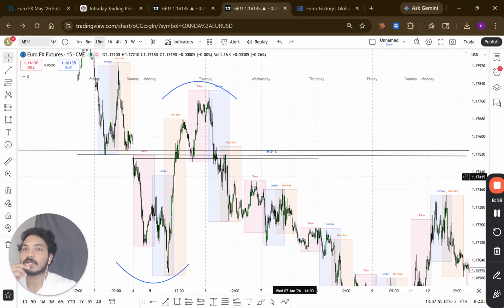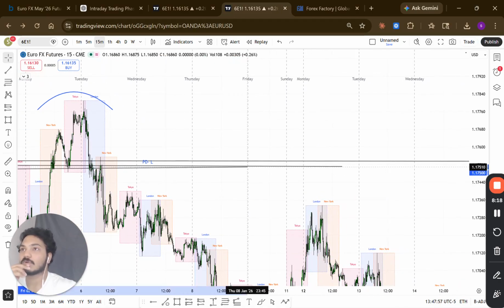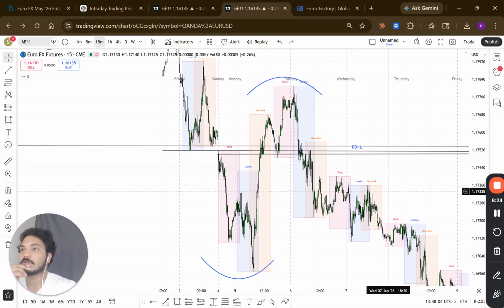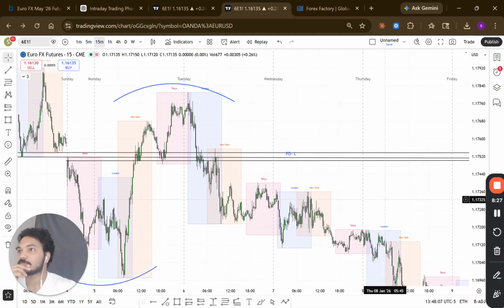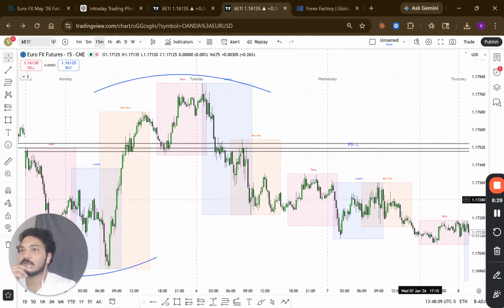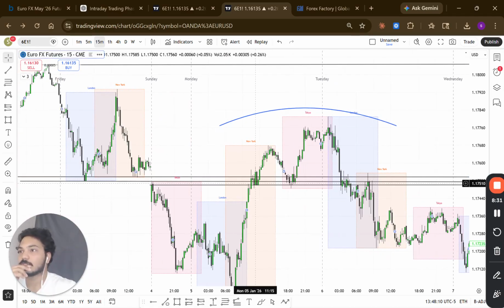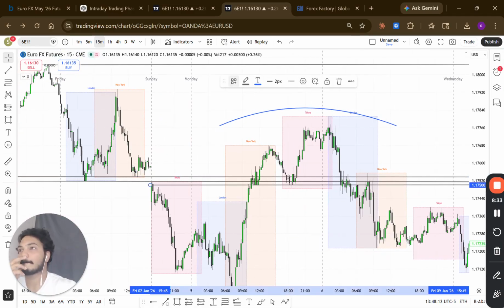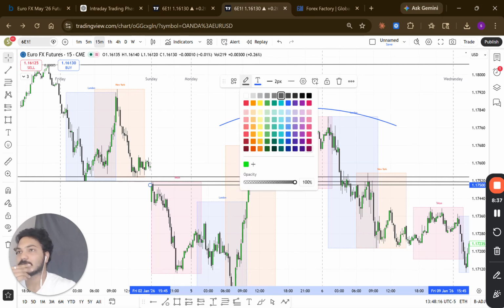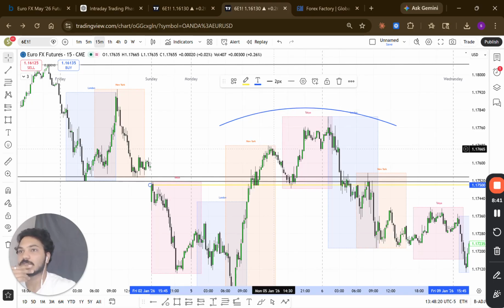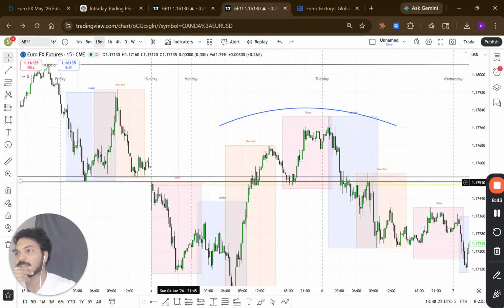So what I like to do is I drag it all the way to the coming Friday, which is the end of the week, right? Let me try to change the color. Change it to yellow. This is basically the opening price.